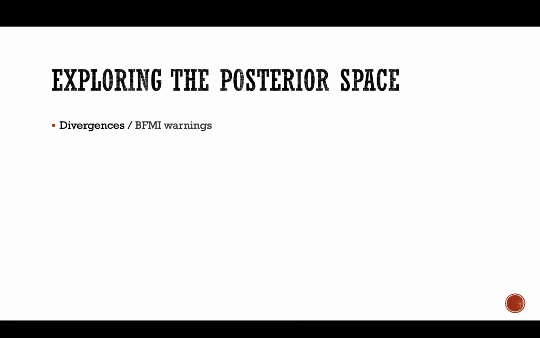If you remember, what happens is that the model is trying to figure out how the sampler should explore the posterior space. It's learning how big steps it should do before checking the log posterior probability and how many of these steps it should do.